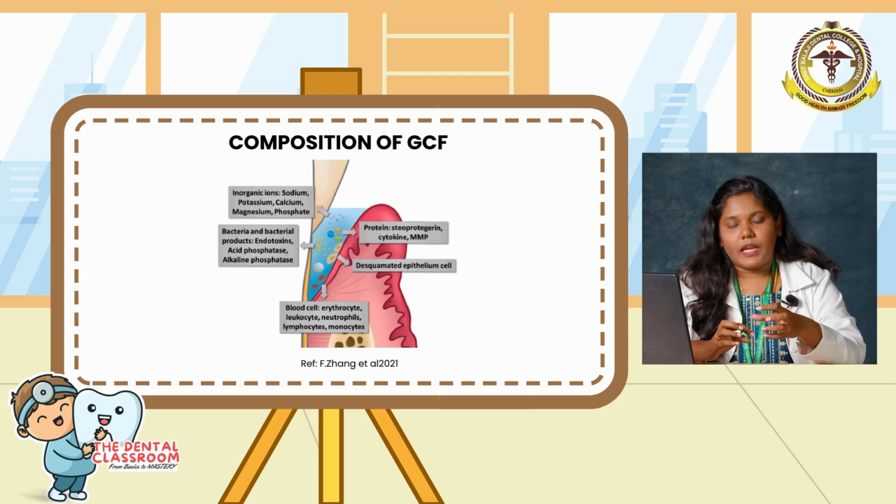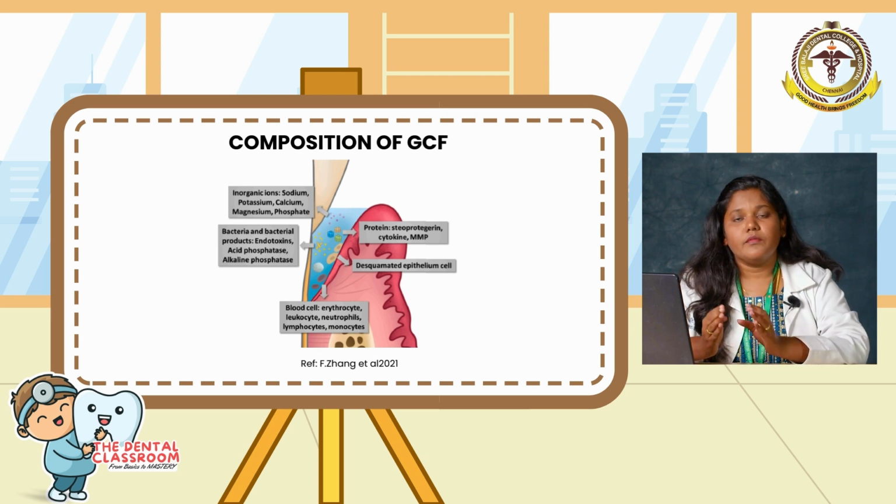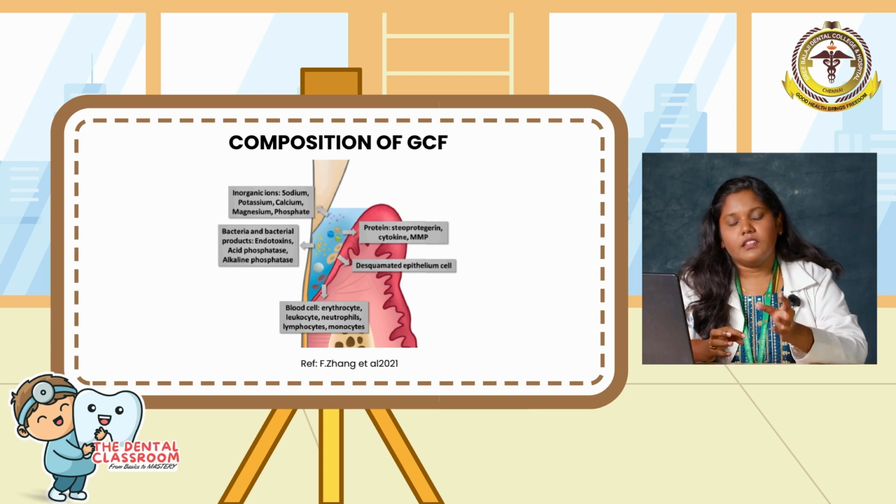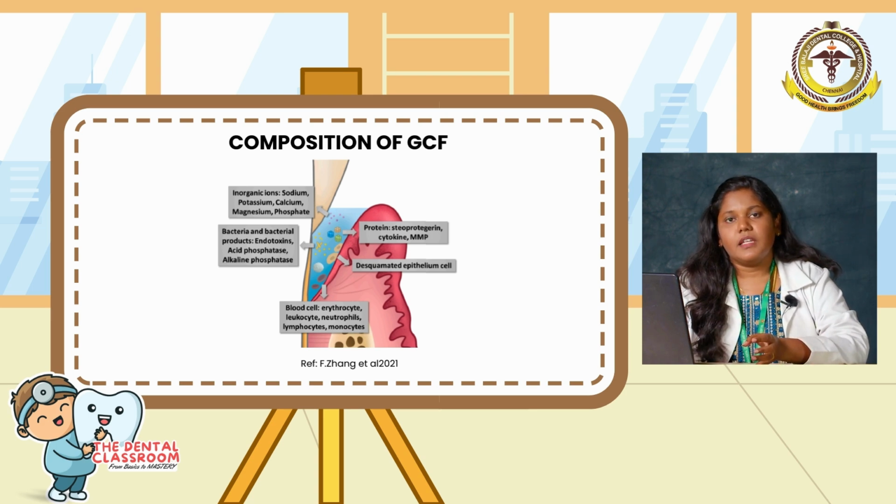So, when your bacterium and the noxious products come into the picture, your bacterium will release lipopolysaccharides, endotoxins, or hydrogen sulfide because of its metabolic waste products also. These are some of the elements which are released by the bacterium, and afterwards there will be a reaction inside the connective tissue, which is the production of the chemokines, that is your inflammatory mediators.